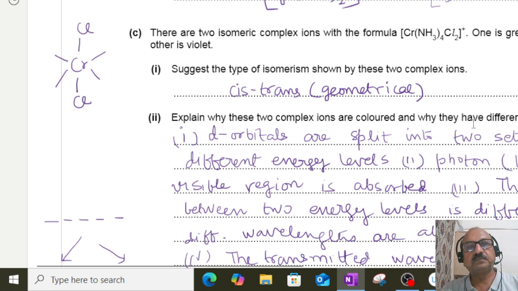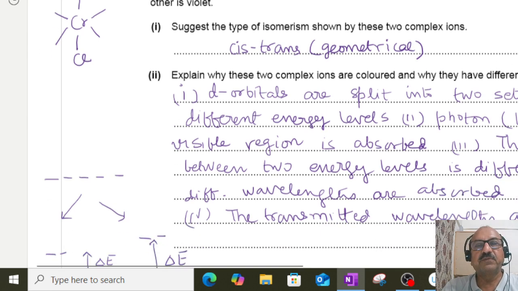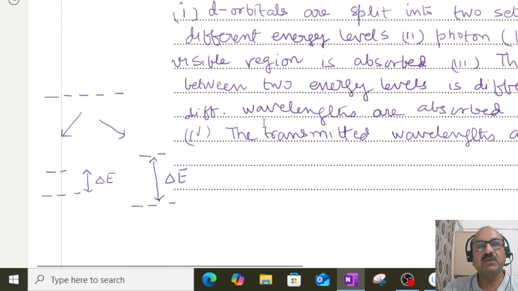Now why do they have different colors? You have studied under the transition elements that the d block elements have degenerate d orbitals, meaning having the same energy, but when they form complex ions and combine with ligands, these 5 orbitals are now divided into 2 energy levels. 3 of them are at the lower energy level and 2 of them are at a little higher energy level.